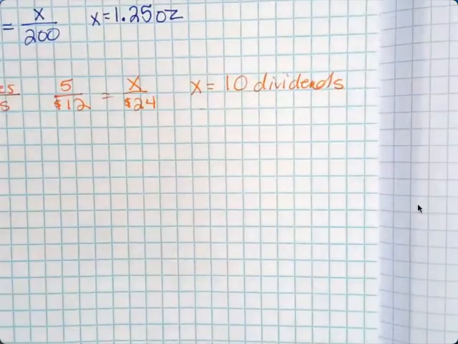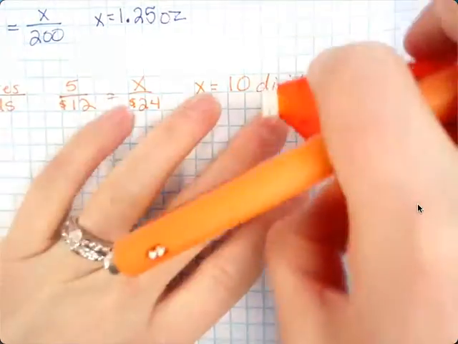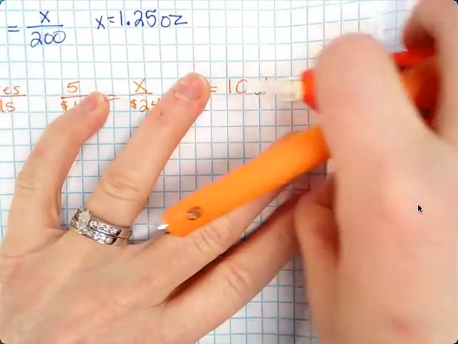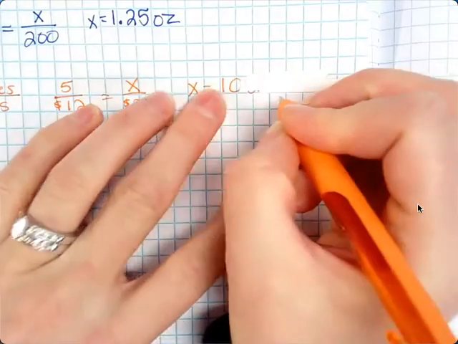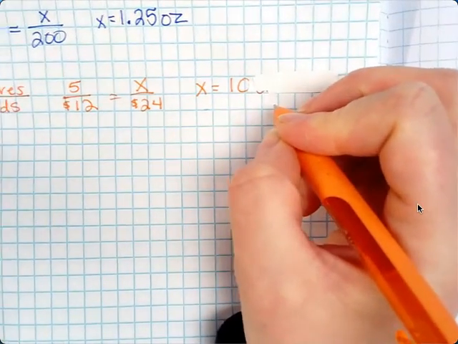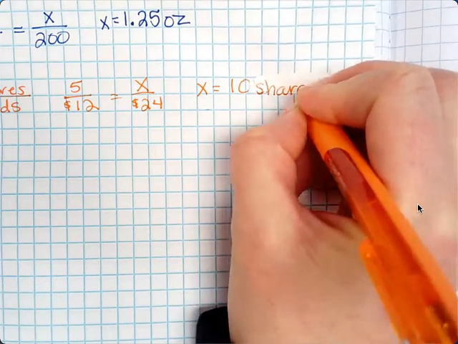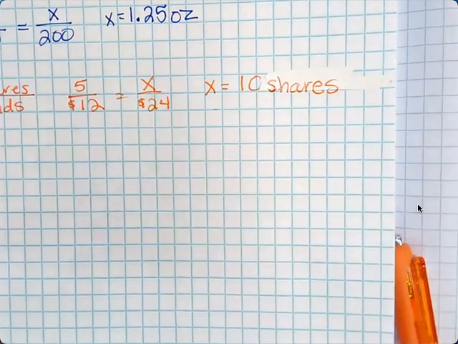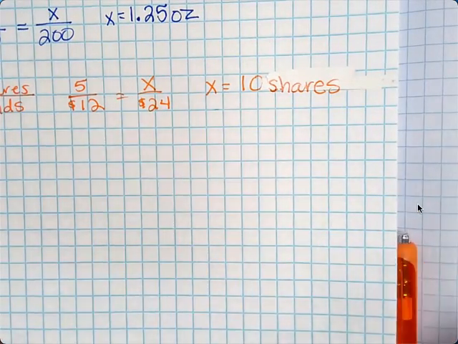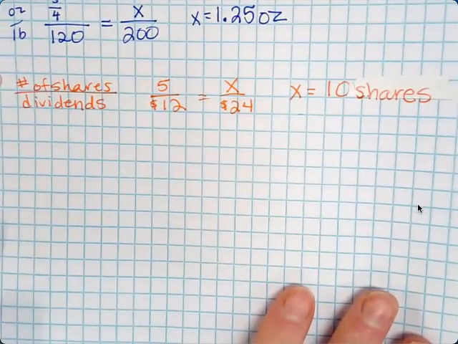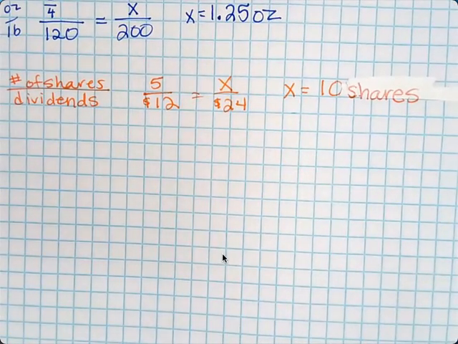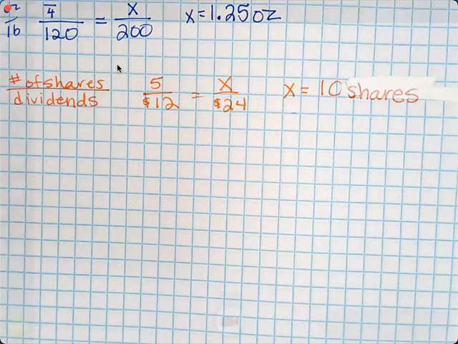I wrote my answer wrong, though. It should say 10 shares. Because that's our unknown. How many shares for 24 dividends? So 10 shares. So we need to write it in a sentence.